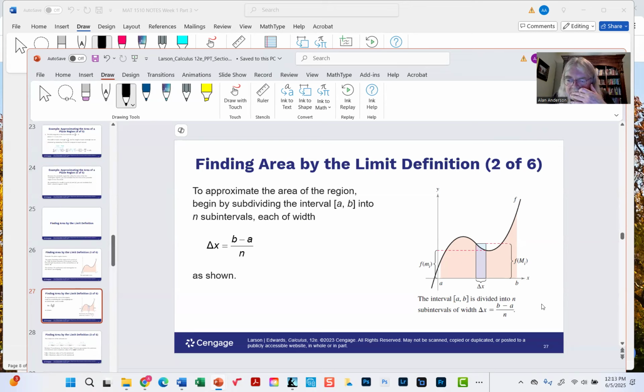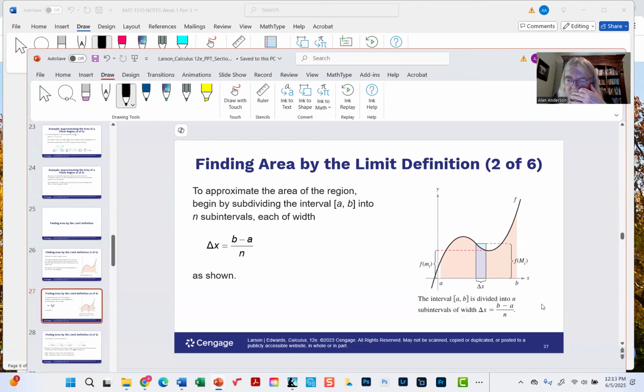Okay, it looks like what they're trying to do here is have the left endpoint be lowercase m_i, and the upper be capital M_i. Oh, that's all it is.